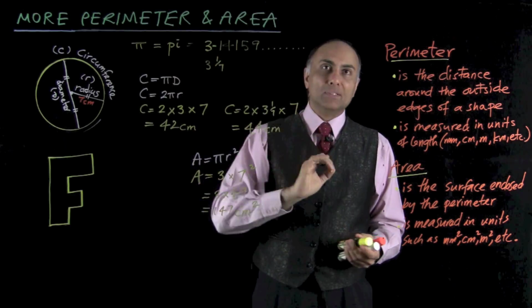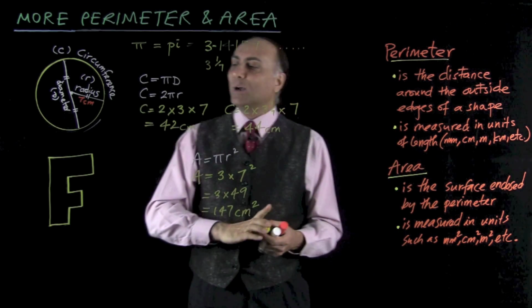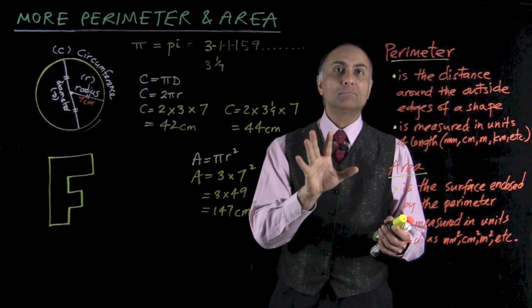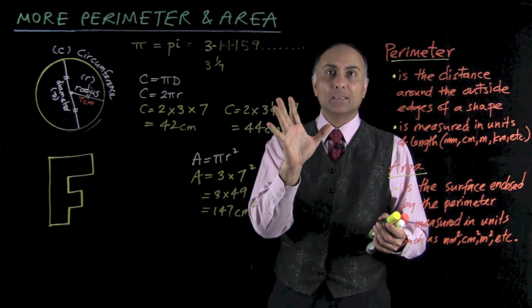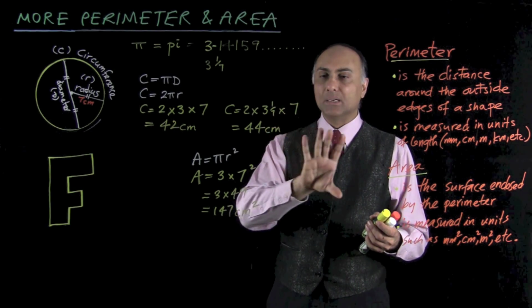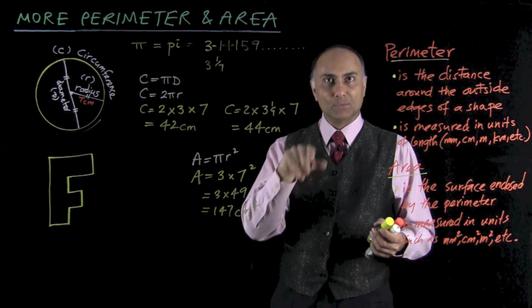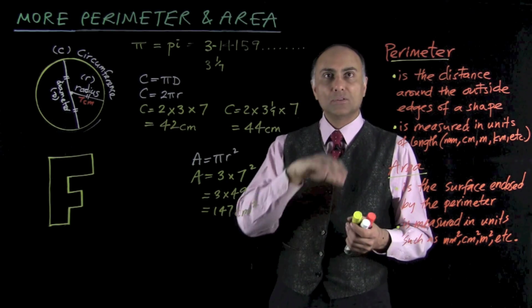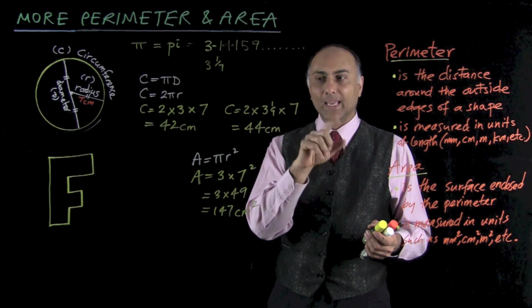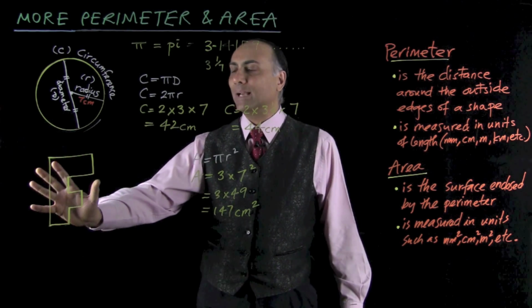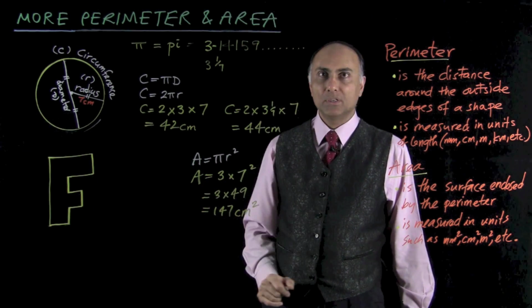So that covers circles. Now when it comes to area, it's fine if you had a triangle, half base times height. If you had any parallelogram, base times height or length times width, vertical height. Trapezium, half a plus b times h. But what if you have some shape like this, which we call a compound shape?